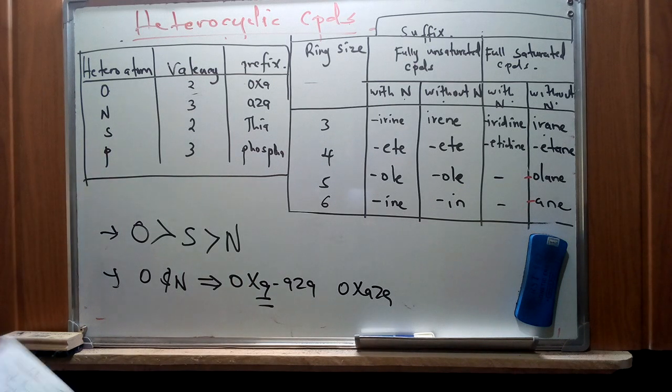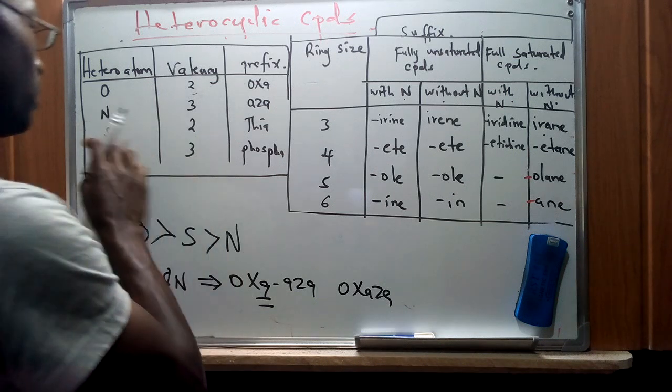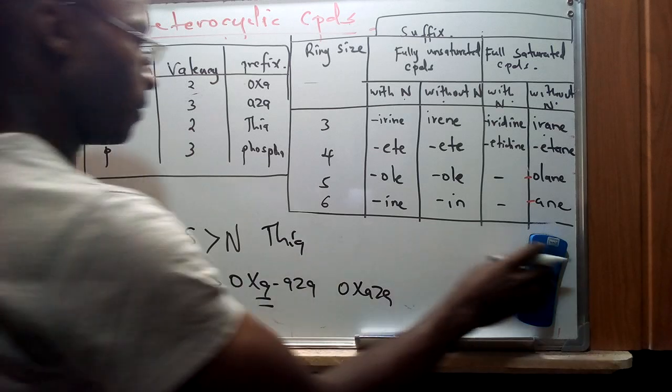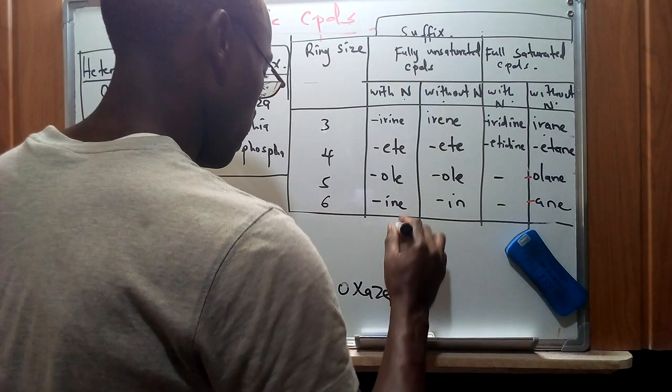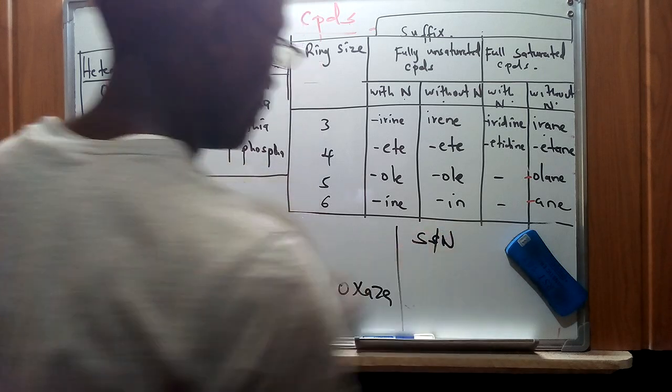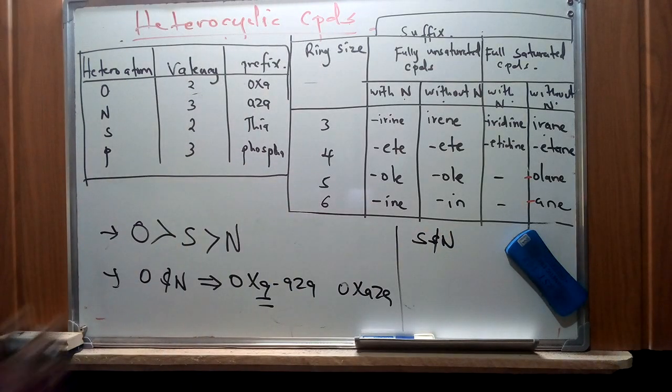For instance, for a compound that contains sulfur and nitrogen, sulfur we have said will take preference over nitrogen, and sulfur is going to be here.